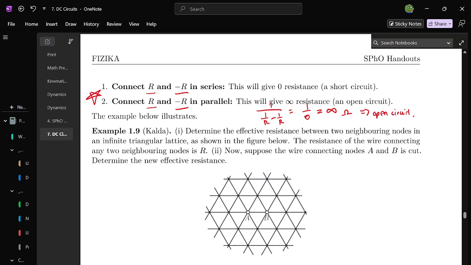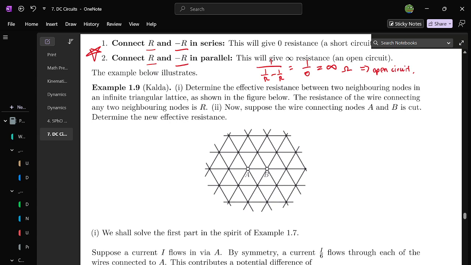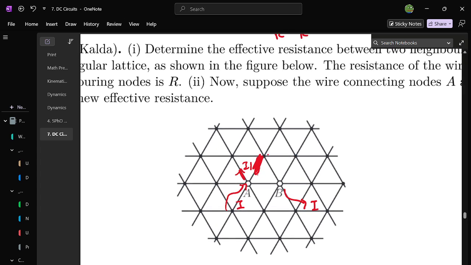Arguably, the second one is much more important, and a few examples below will show you why and how to use it. So here we have another example of an infinite resistor network. And the way to solve this is very similar to how we solved the one with the square grid. Basically, you want to put current in, take current out, and when you put current in, you have I over 6 flowing in each branch here.